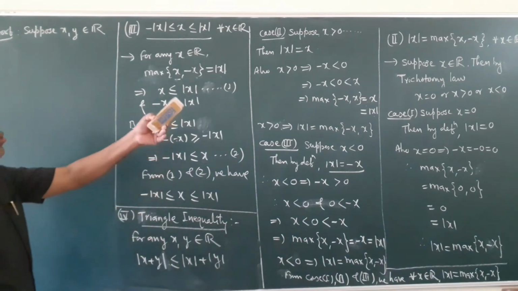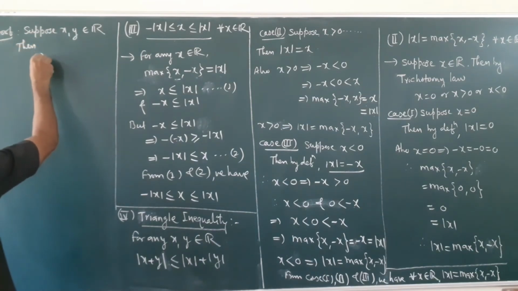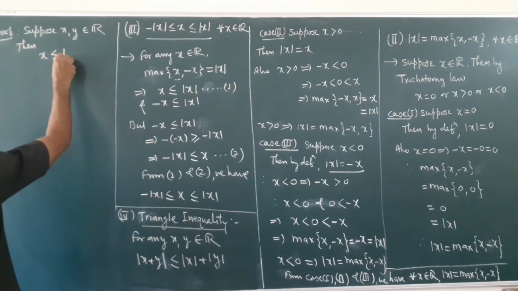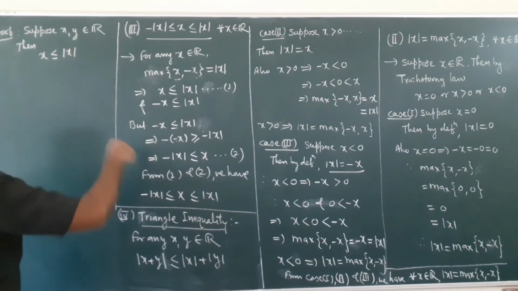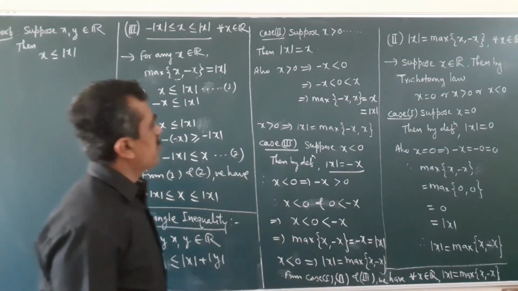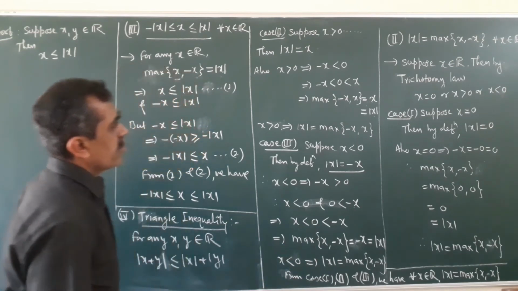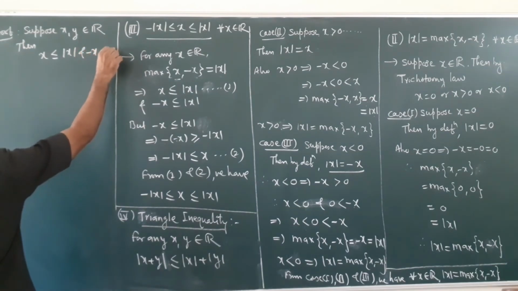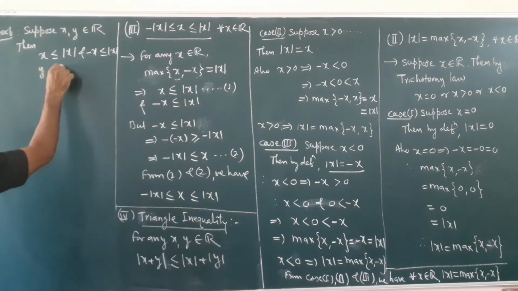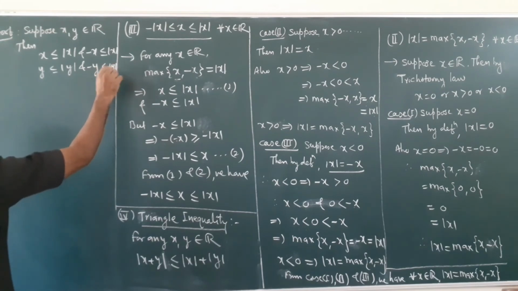Then what we know is x is less than or equal to mod x, and minus x is also less than or equal to mod x. Similarly, y is less than or equal to mod y, and minus y is less than or equal to mod y.